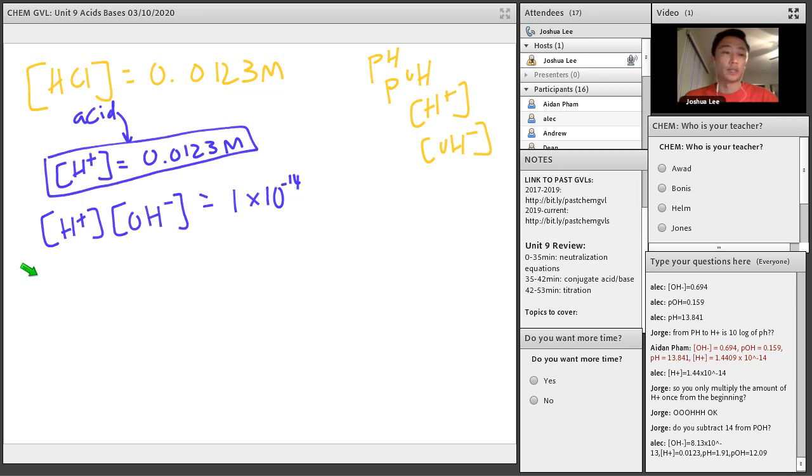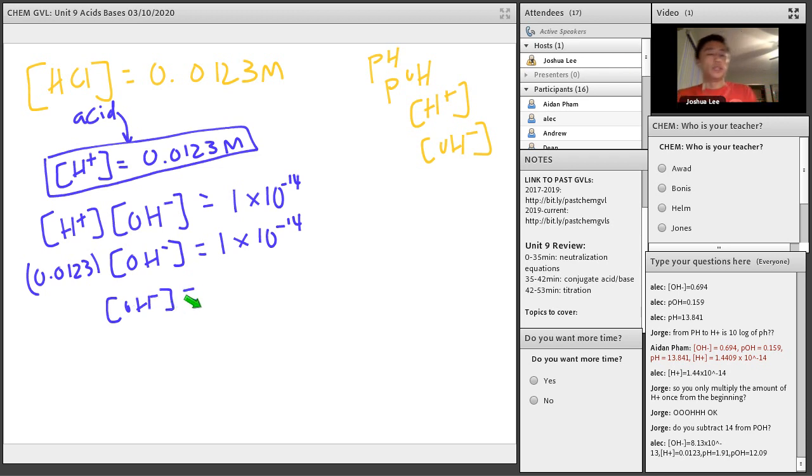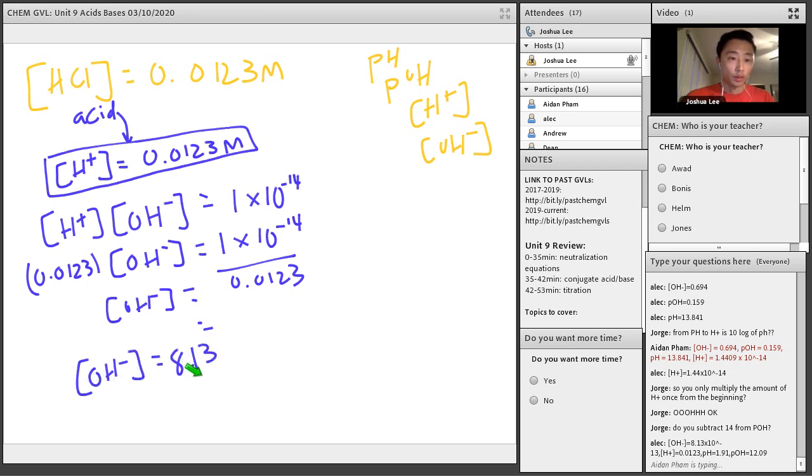We know what H plus is, 0.0123. So I'm solving for OH minus. Divide both sides by 0.0123. And we get OH minus is 8.13 times 10 to the negative 13 molar.